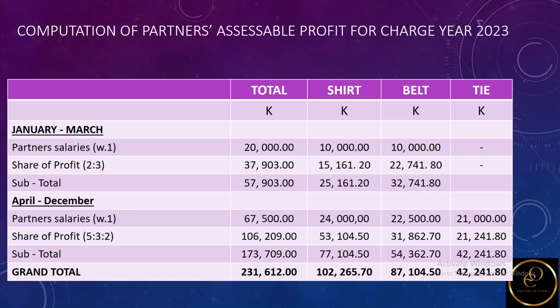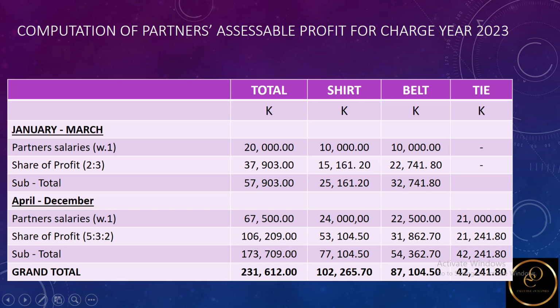I'm going to continue from there, and as such, we have 10,000, which is representing a quarter of the charge year. So we have 3 months in a quarter. That led us to use the proportion or the ratio 3 out of 12 multiplied by 40,000, which is the annual salary. So when you get that, you're indeed going to get 10,000 kwacha. Since there are two partners, each getting 10,000, the total comes to 20,000.